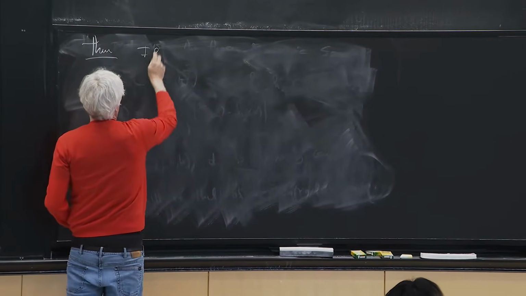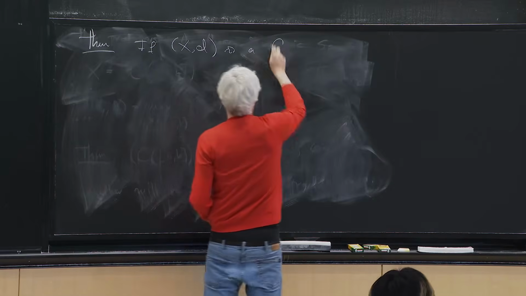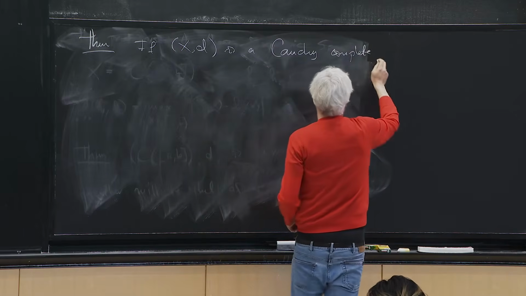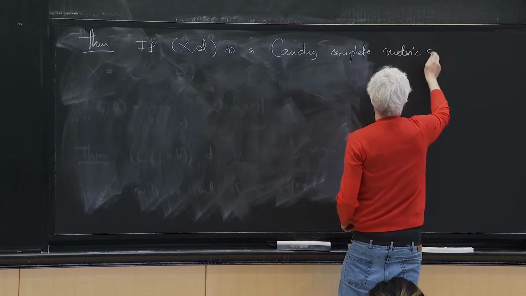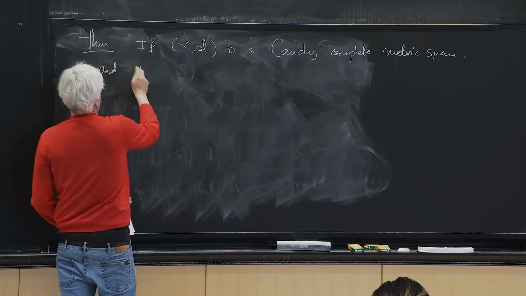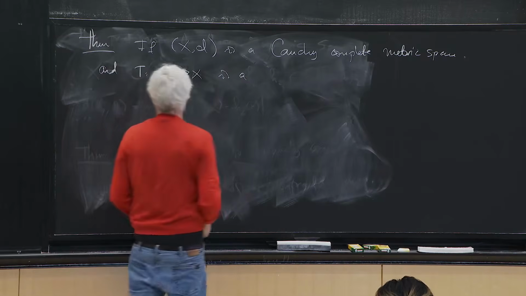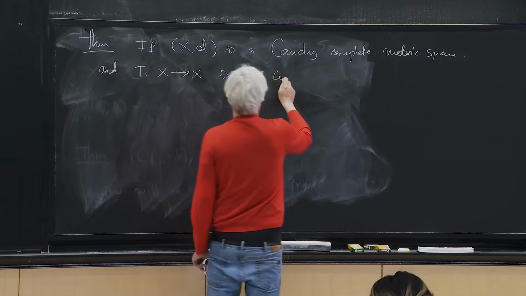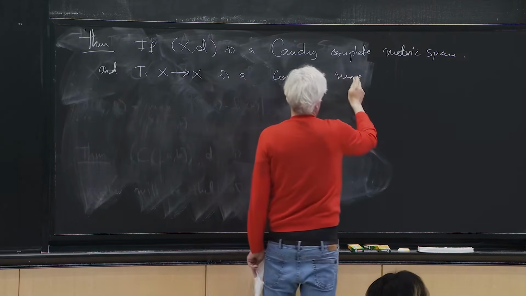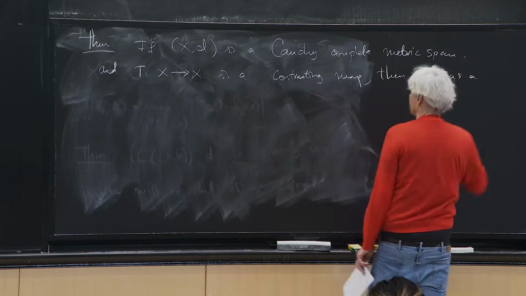If X is a complete, Cauchy complete metric space, and T from X into X is a contracting map, then T has a unique fixed point.